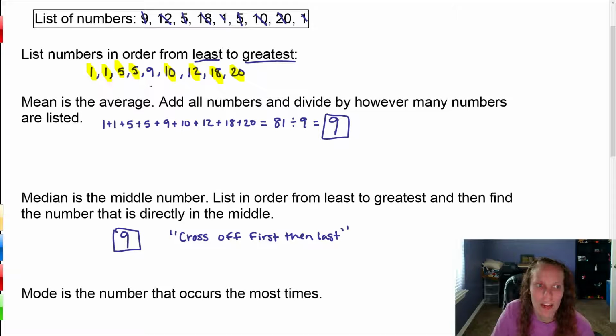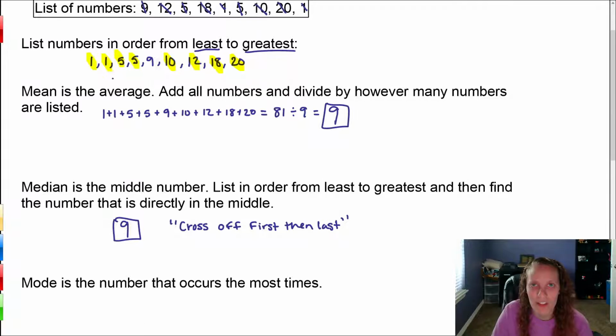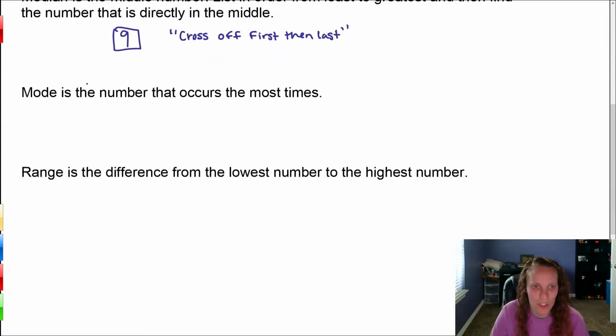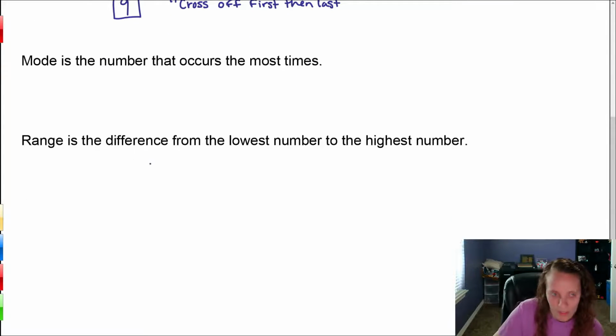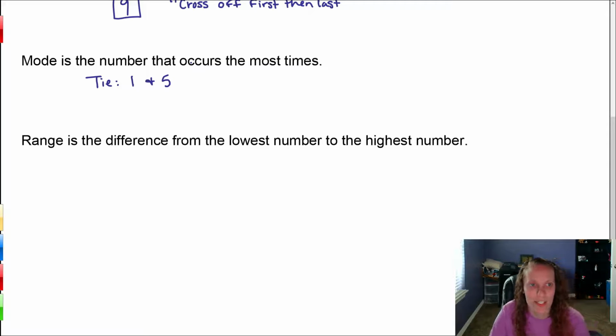Well, this time we have a tie between the 1 and the 5 since they both happen 2 times. So we do have a tie on this. If there was a number that was listed 5 times, then that number would be the most.